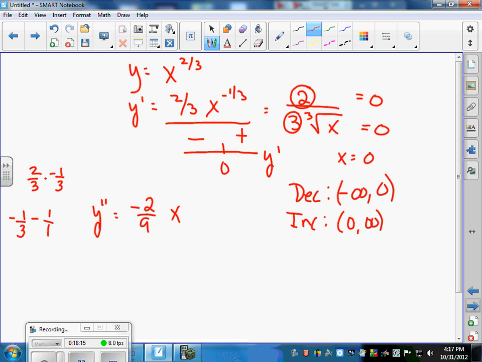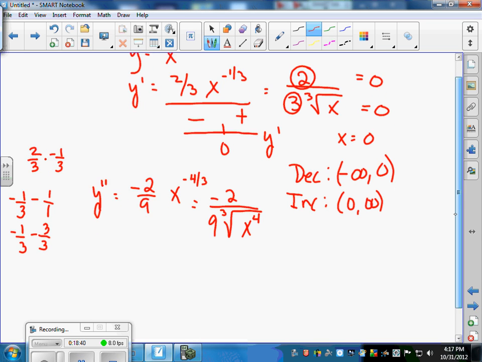You can either do crisscross applesauce or negative 1/3 minus 3/3, and that's going to give me negative 4/3. Again, I'm going to rewrite that. So that's going to be negative 2 over 9 times the cube root of x to the 4th.